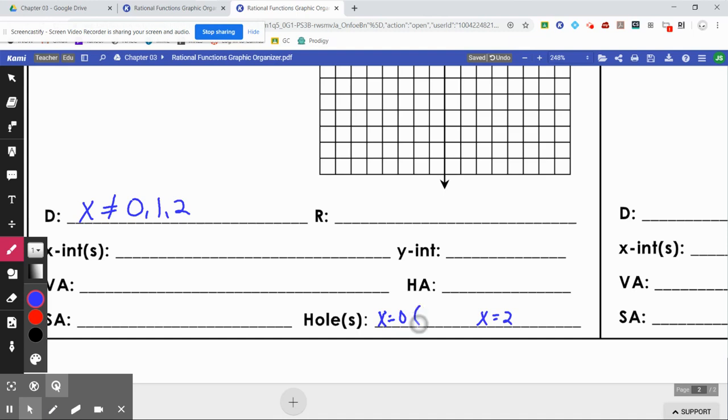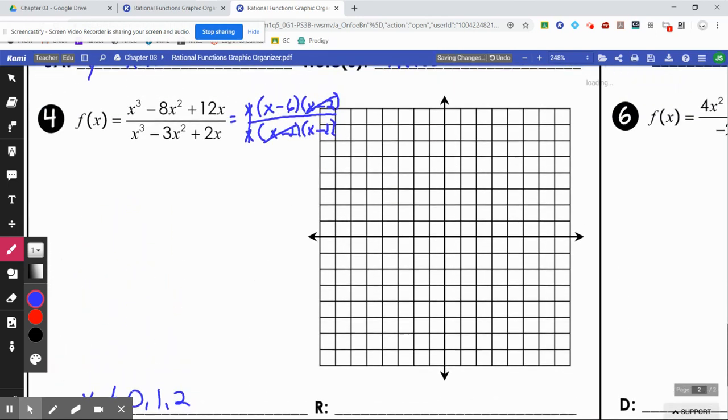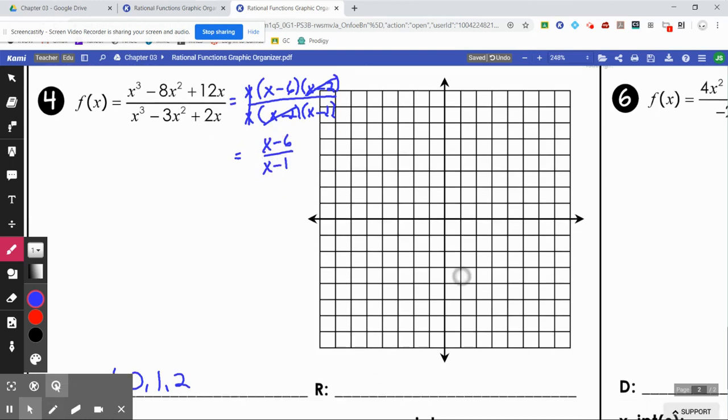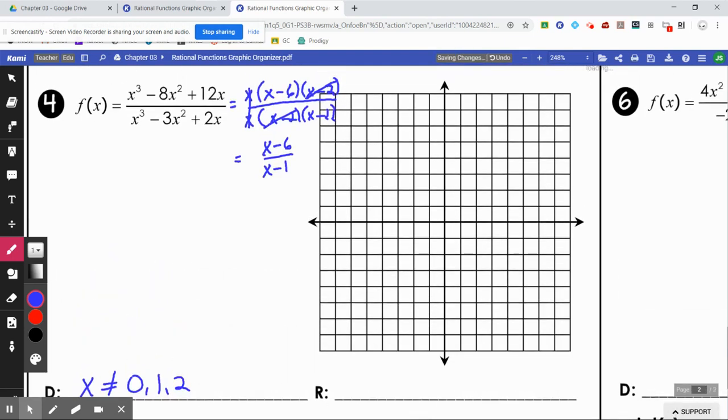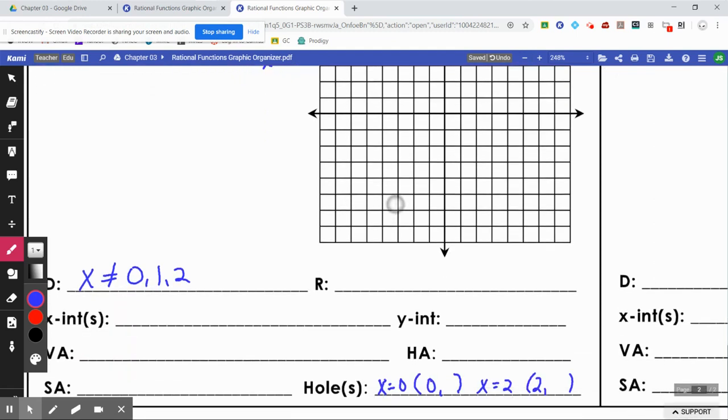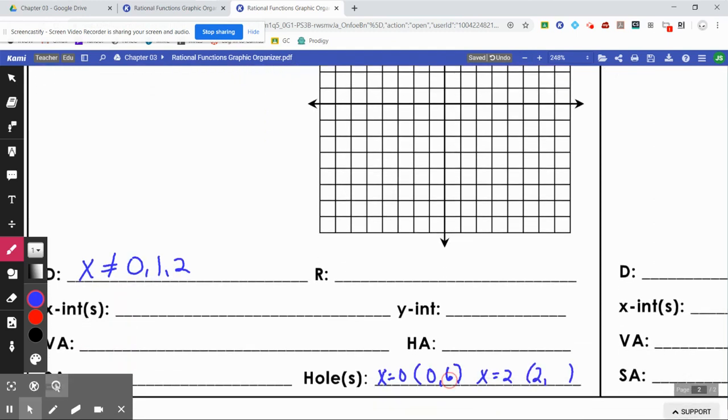Now let's find the entire point for those holes. The way that we're going to find those points is by plugging it into the, again, simplified version. So my new simplified version of this function is going to be (x minus 6) over (x minus 1). When I plug in 0, I get 0 minus 6 over 0 minus 1, which is negative 6 over negative 1, which is positive 6.